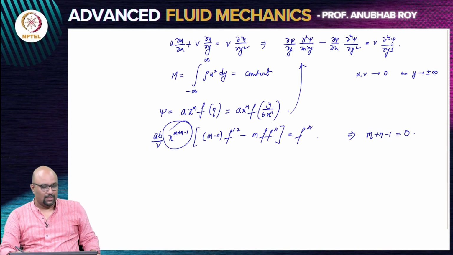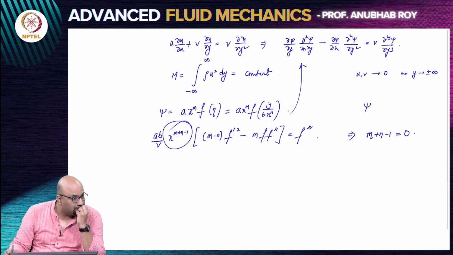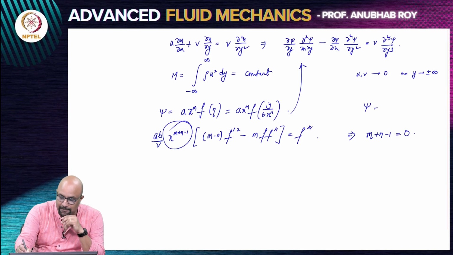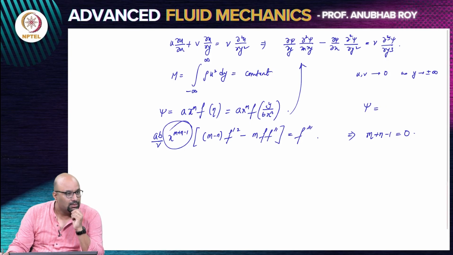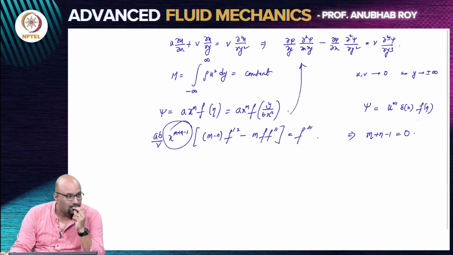Now, if you go back to how we did the Blasius calculation, what was ψ in the Blasius calculation? What was the expression of ψ when we started out in the Blasius calculation? Either you can go back to Falkner-Skan or you can go to the flat plate. What was ψ? ψ would have been some u infinity into δ of x into f of η, right?